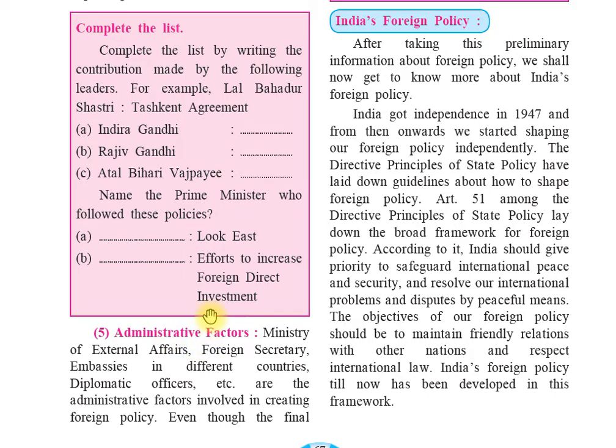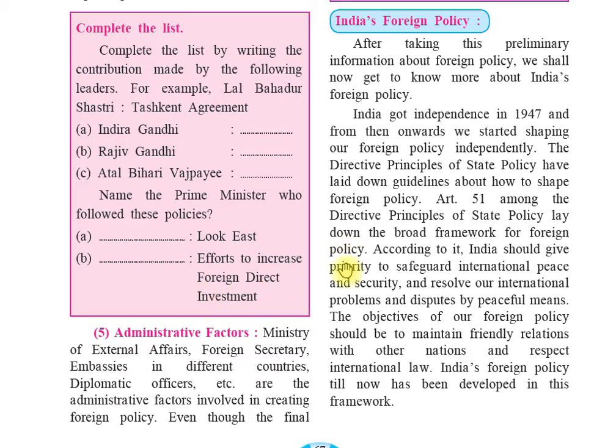Ministers of External Affairs, Foreign Secretary, embassies in different countries, diplomatic officers, etc., are administrative factors involved in framing the foreign policy. So, these were the factors influencing foreign policy.